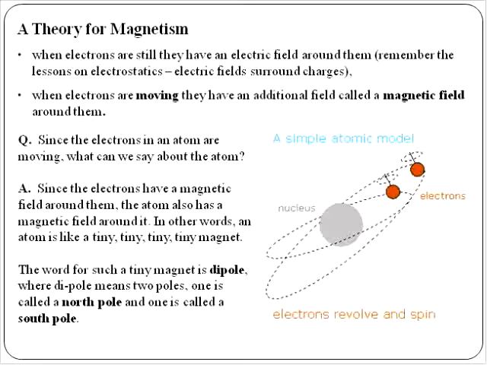So that means that since the electrons have a magnetic field around them, then the atom also has a magnetic field, because the little tiny magnetic fields around these electrons can actually add together and create almost like a tiny, tiny, tiny magnet. Very, very small. And that magnet is what we call a dipole.